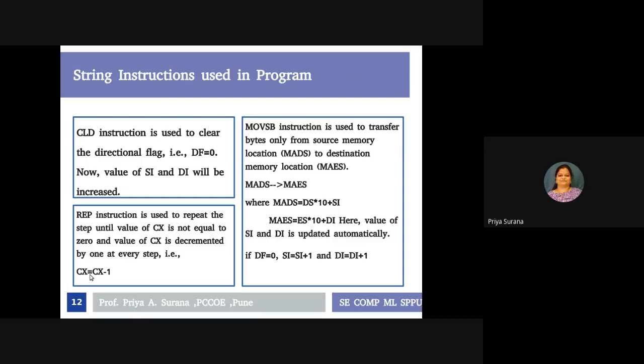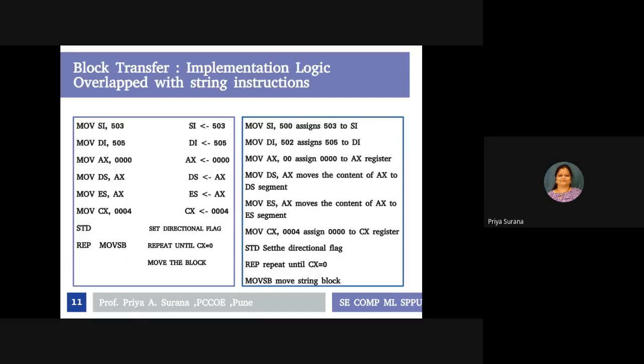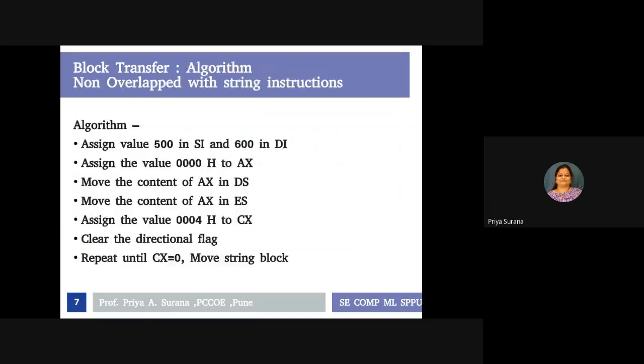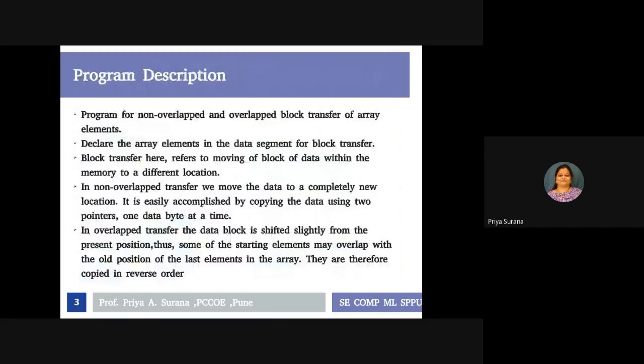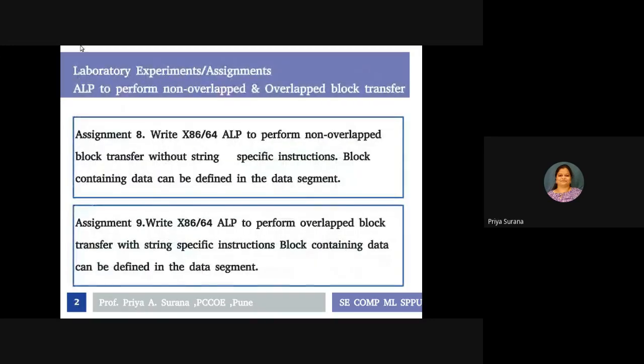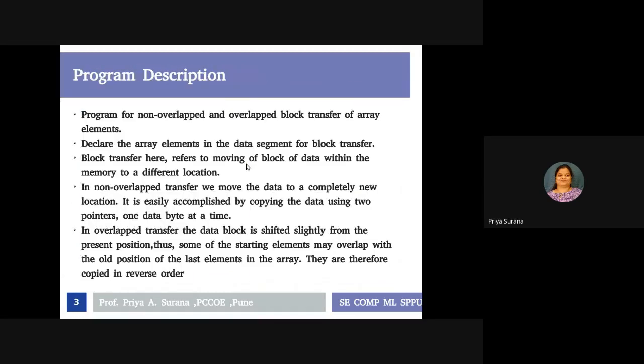Let me discuss a few important points again. Block transfer is done using non-overlap and overlap block transfer, by using string instructions or without string instructions. What we just discussed is very important: in overlap block transfer we are copying data in reverse manner.